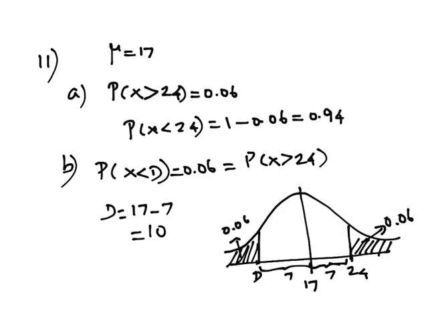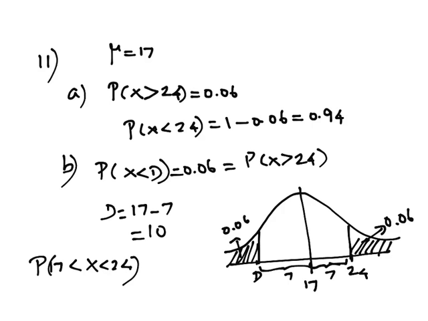Now the final subdivision is, a woodcutter randomly selects 200 trees. Find the expected number of trees whose height lies between 17 and 24 meters. Okay, so now P of x between 17 and 24.